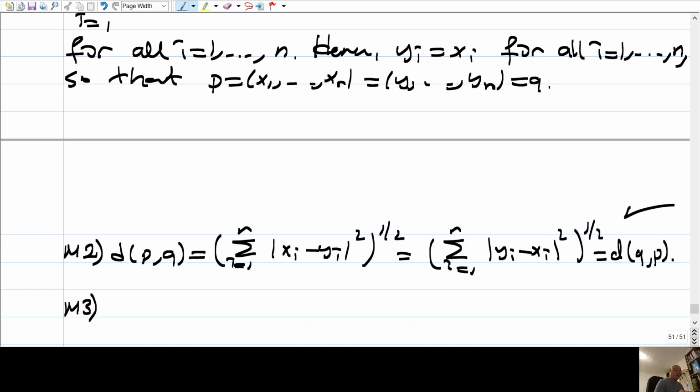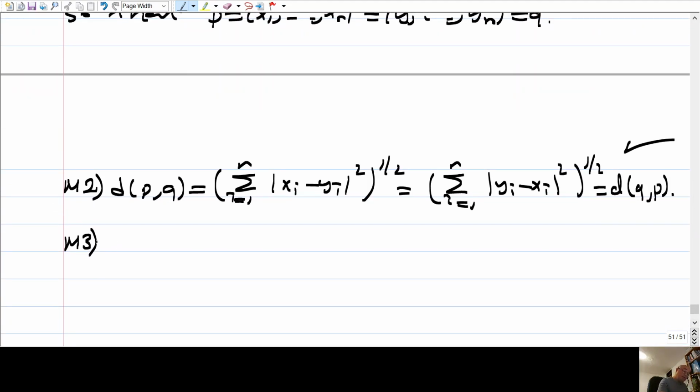For the third one, we need the Cauchy-Schwarz inequality, right? To prove, okay, d(P,Q) should be less than or equal to d(P,R) plus d(R,Q), right?